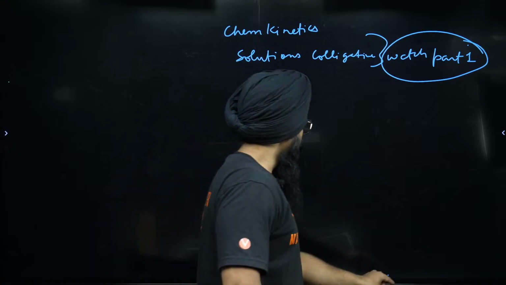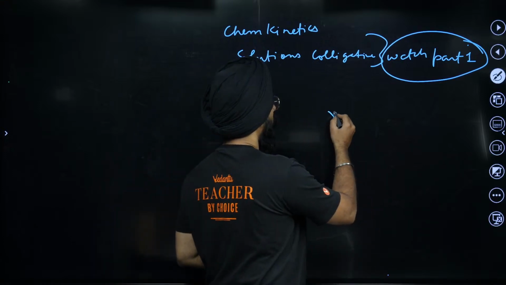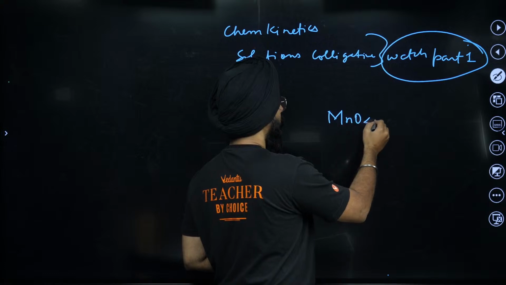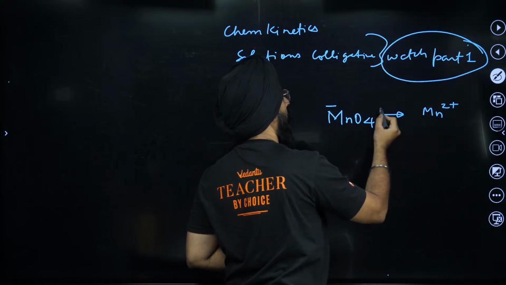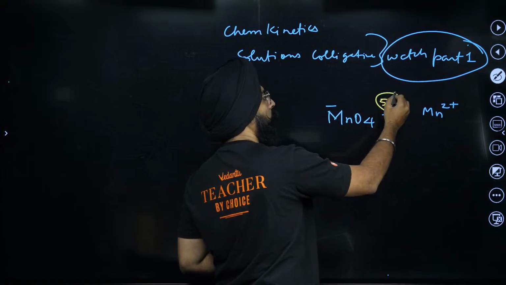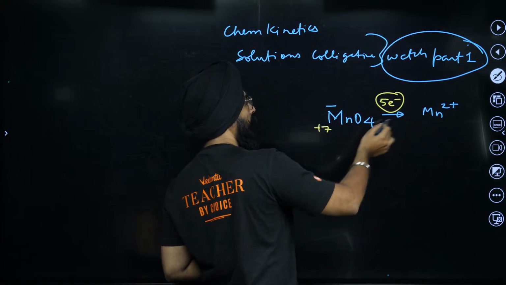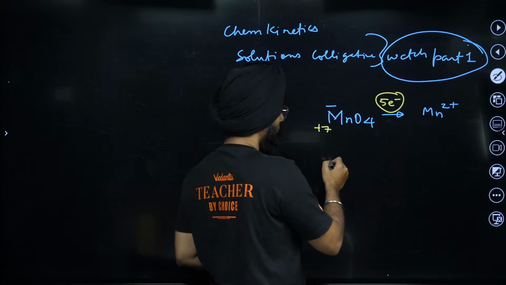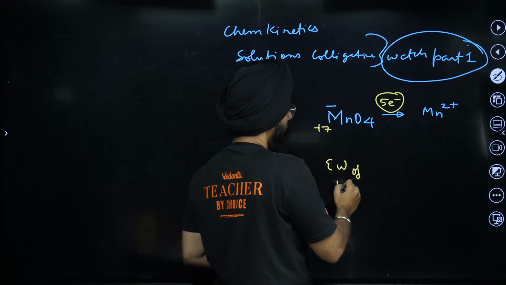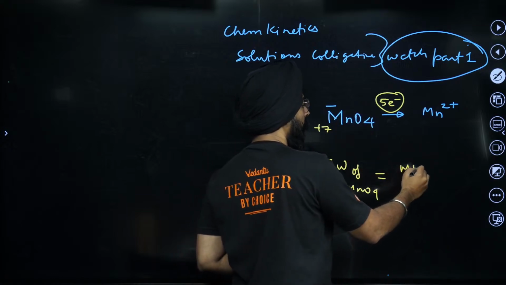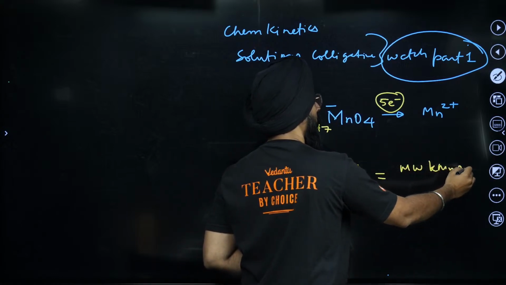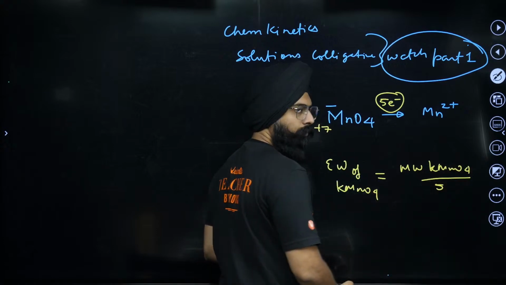So for example, if you look at this particular process, this is a 5 electron process because you're going from a +7 oxidation state to a +2 oxidation state. So equivalent weight of KMnO4 in this process will be equal to molar weight of KMnO4 divided by 5.